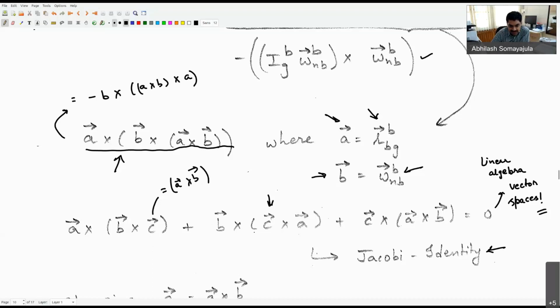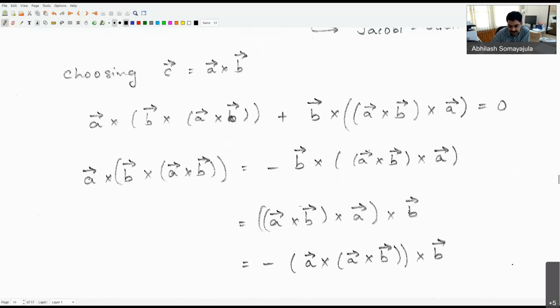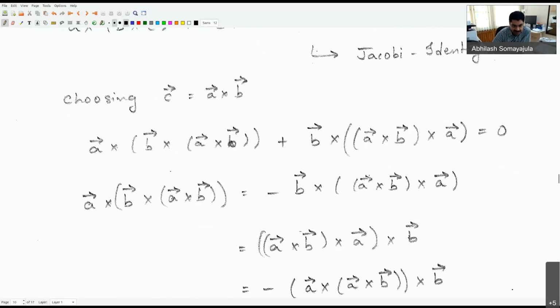Is this making sense? Yes, sir. Okay, so this cross product which I had to begin with, I'll now rewrite in this manner. So by doing that, this is what I'll get: minus B cross A cross B cross A.